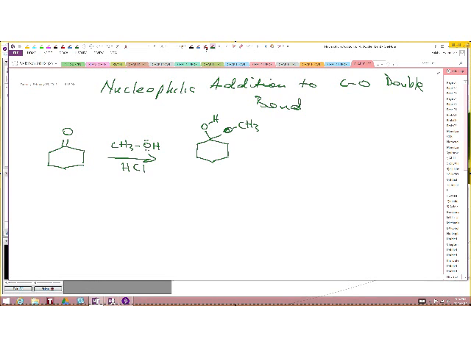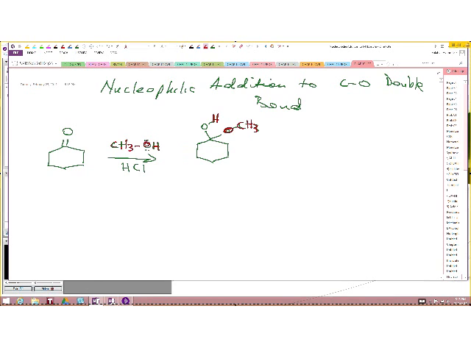So if you see here, in essence, what have we done? We added the methoxy group to the carbonyl carbon, and this hydrogen is right here. So it is in essence the addition of the alcohol across the carbon-oxygen double bond.